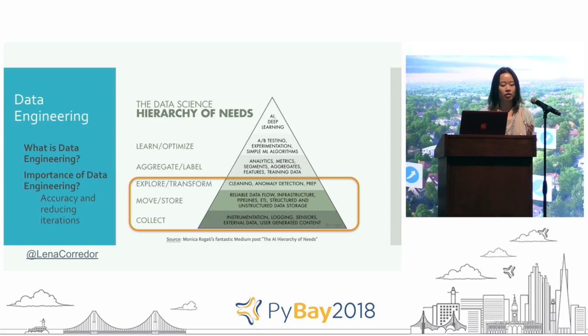Basically, it's the starting phases of data science, which involves collecting data, moving and transforming your data. And it's especially important because you want to make sure the accuracy of your analysis is based on an accurate data set. And this helps to reduce the iterations that you have to do when you're doing your analysis.